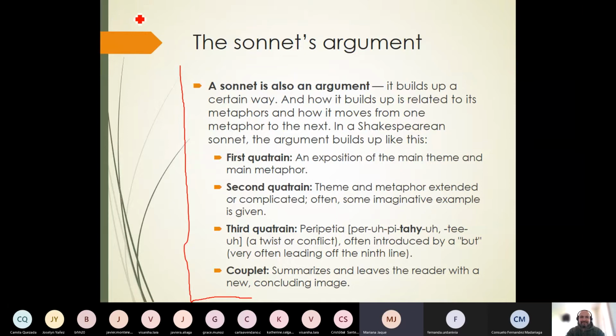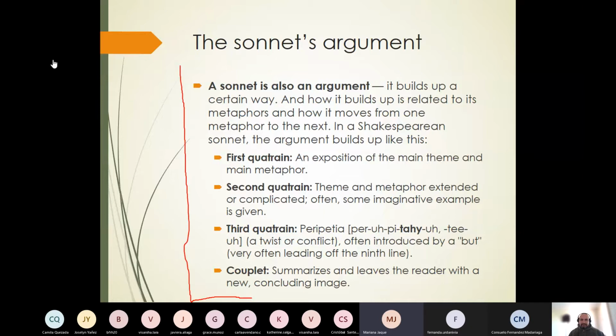The sonnet's argument. A sonnet is also an argument. It builds up a certain way, and how it builds up is related to its metaphors and how it moves from one metaphor to the next. In a Shakespearean sonnet, the argument builds up like this. First quatrain, an exposition of the main theme and main metaphor. Second quatrain, theme and metaphor extended or complicated.